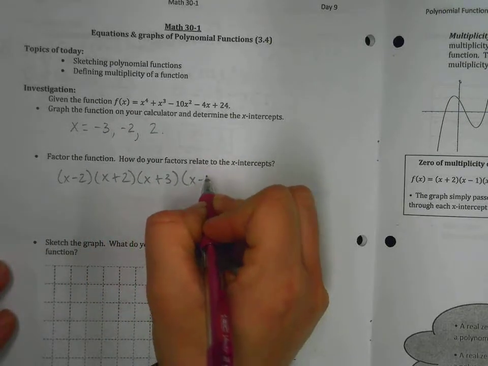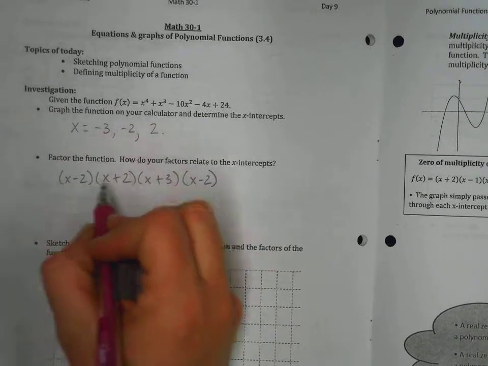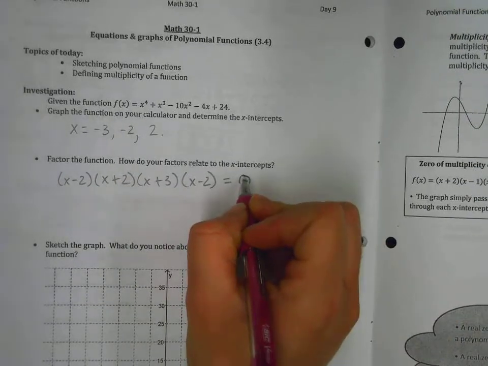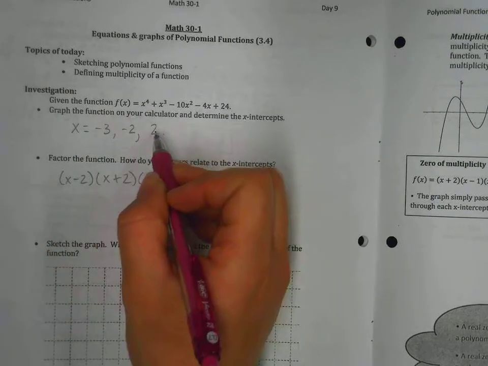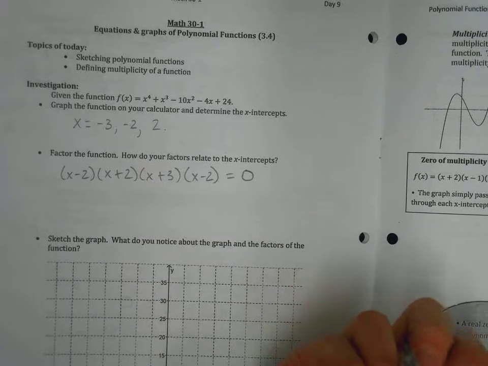So using synthetic division and working our way through, we get a factored form of the following. So how do our x-intercepts relate to our factors? Well, fairly straightforward. After this is factored, if we make this equation equal to 0, which represents our y value of 0, our x-intercepts would end up to be 2, -2, -3, and then +2 again.